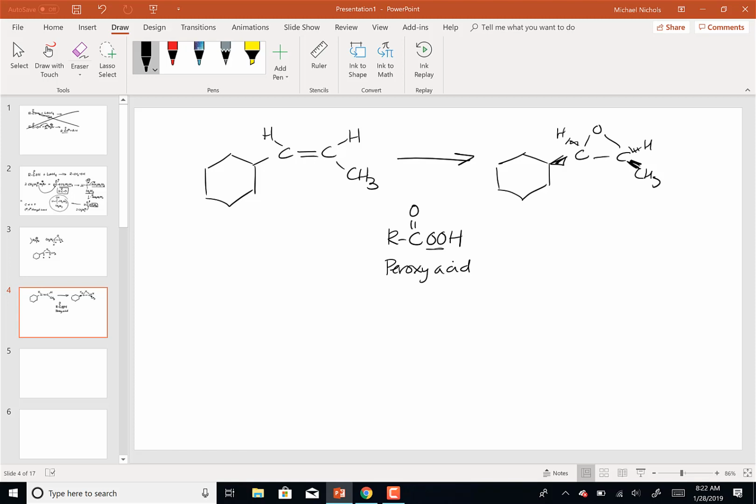Do we agree with that? Couple heads shaking. It is. So this is one of the examples of stereospecific.